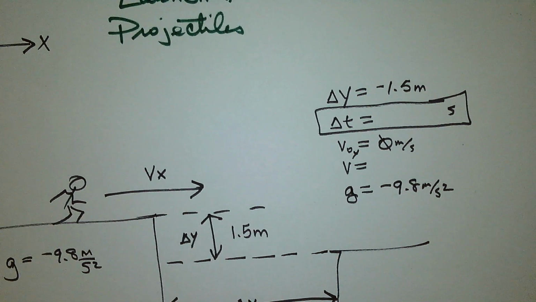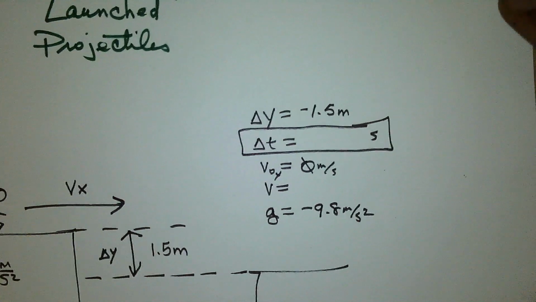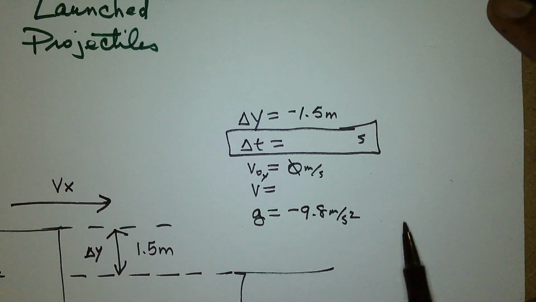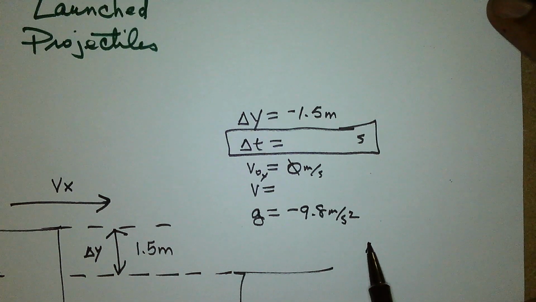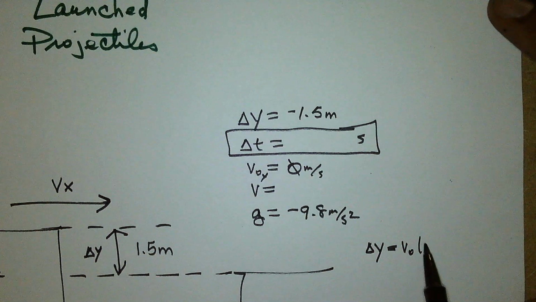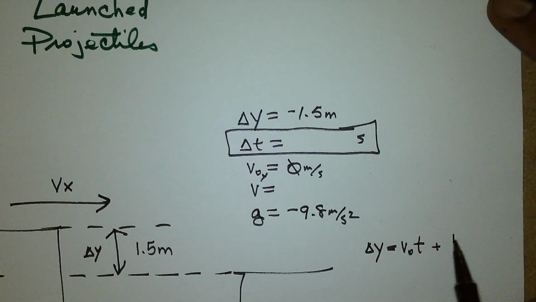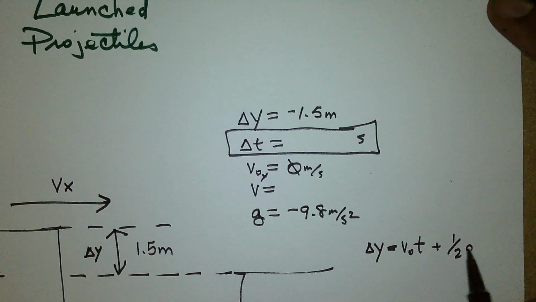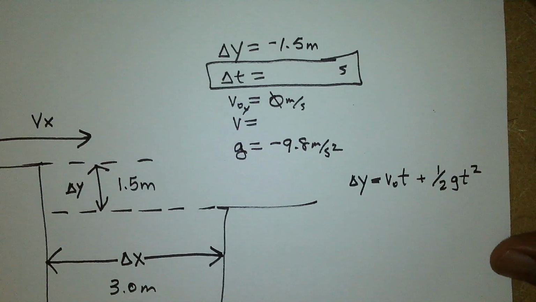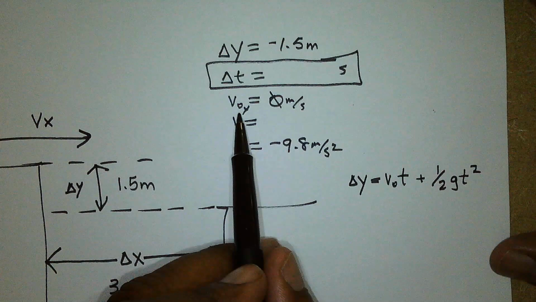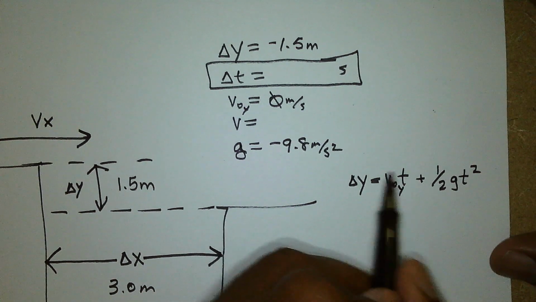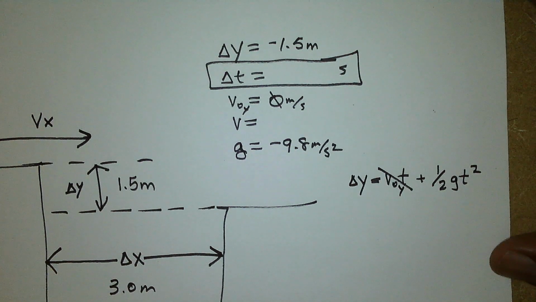So we're going to use an equation that does not involve final velocity. We're going to use delta y equals v naught t plus 1 half g t squared. Now, since our v initial is 0, we can cancel that expression.